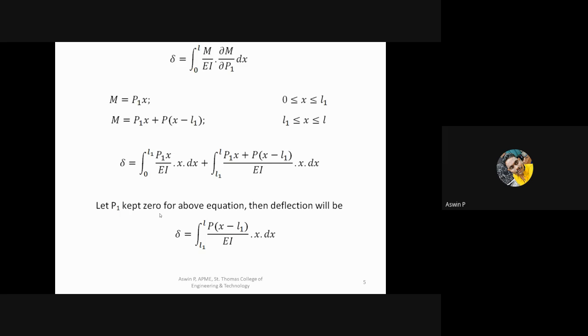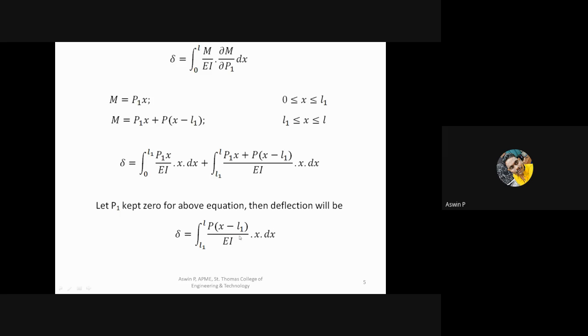Thank you. After putting P1 as 0, we have the equation here. Del is equal to integral from L1 to L of P into (x minus L1) divided by EI into x into dx. Now you need to integrate this equation with respect to x, since this is dx. So when integrating, you can take P divided by EI outside because there is no change for this one.